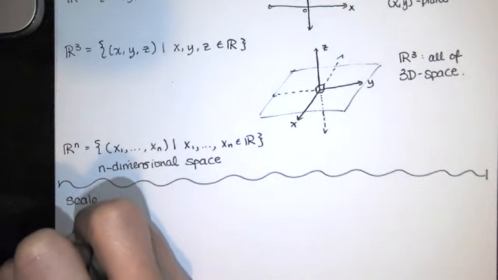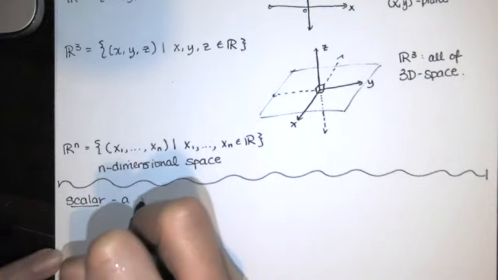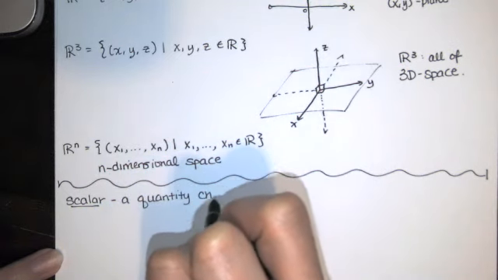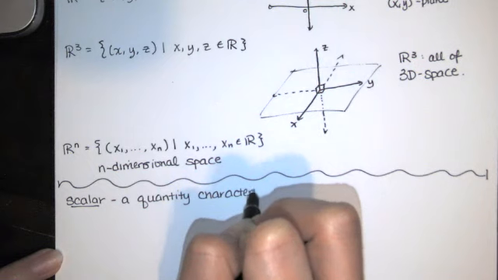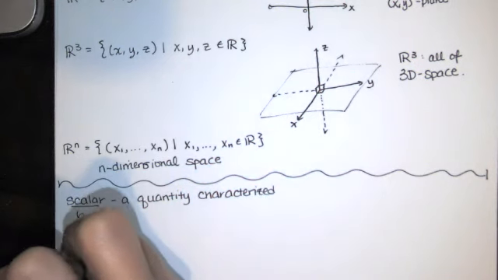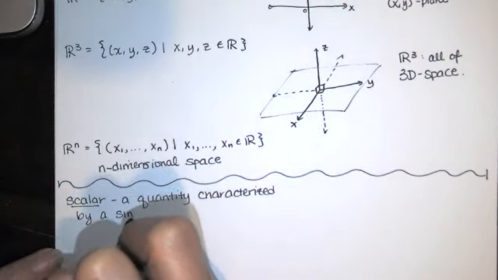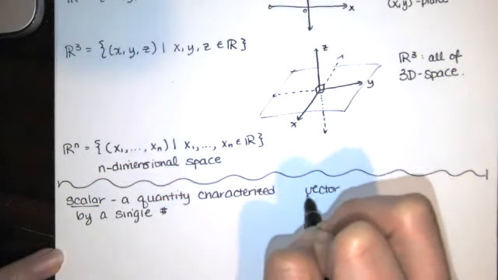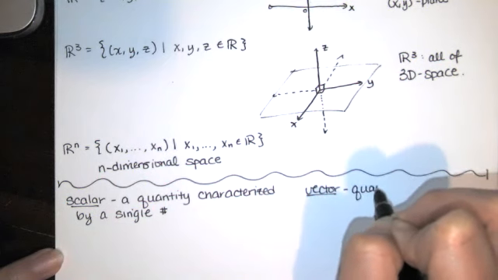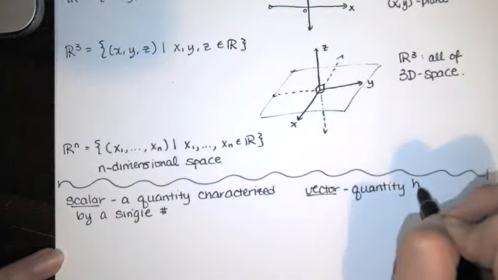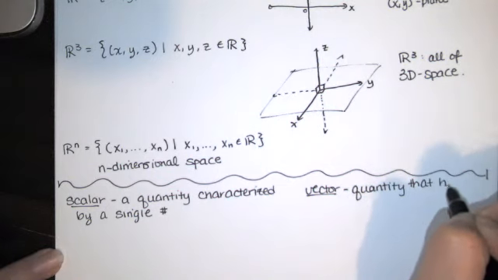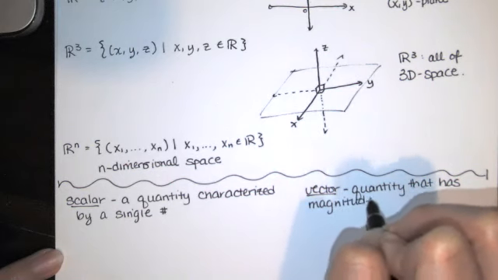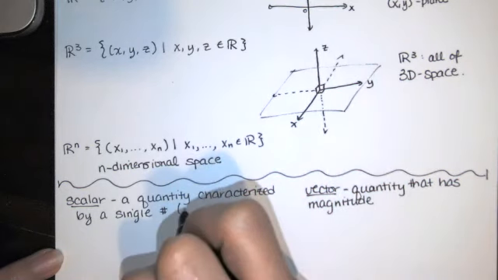So a scalar is a quantity characterized by a single number, while a vector is a quantity that has magnitude and a direction.